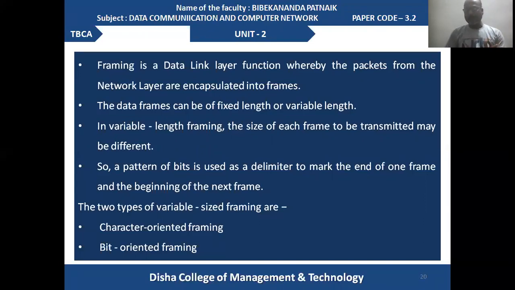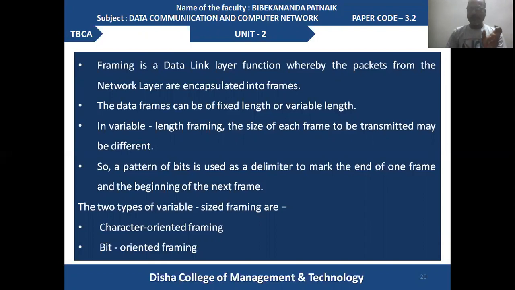The data frames can be fixed length or variable length, depending upon how much data can be transmitted from one layer to another. In variable length framing, the size of each frame to be transmitted may be different.